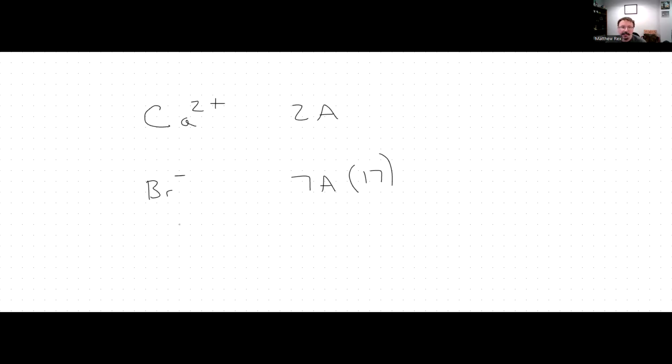I could either say, I need 1 2+ charge and then 2 negative 1 charges to balance that out. I could crisscross these values, but either way, you should see that this would be 1 calcium, 2 bromide would be the ionic formula for this compound or a compound with that name. And it's ionic also from the name because you have a metal and a non-metal.